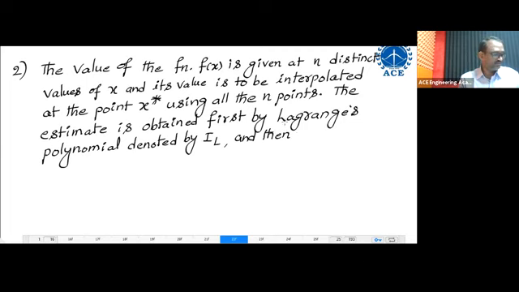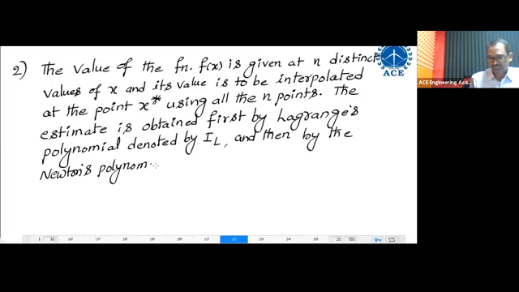And then by the Newton's polynomial denoted by IN.